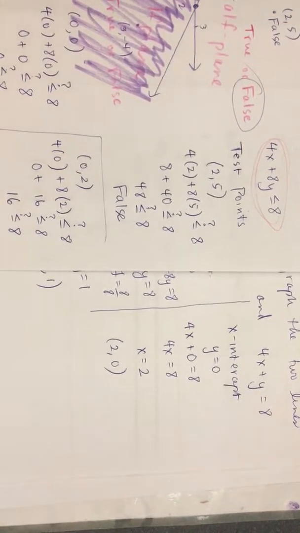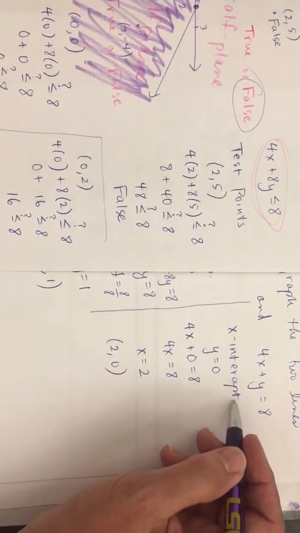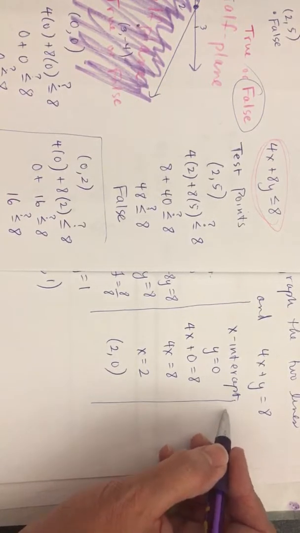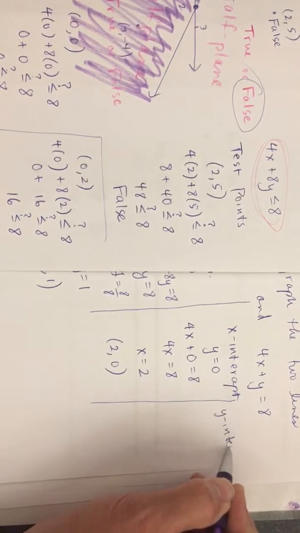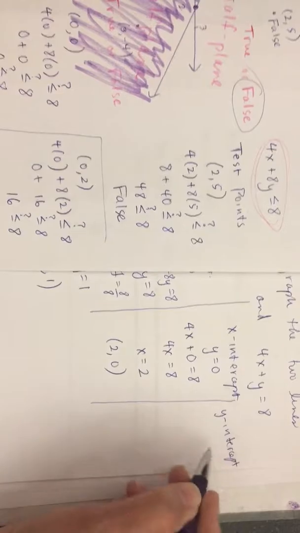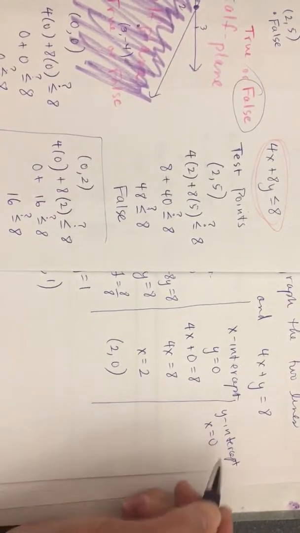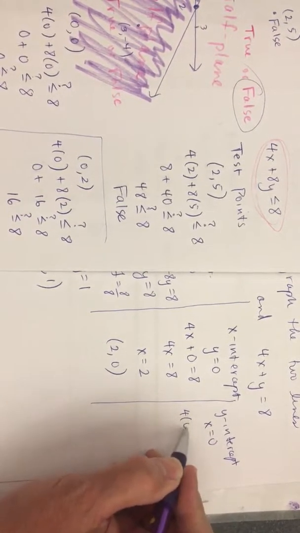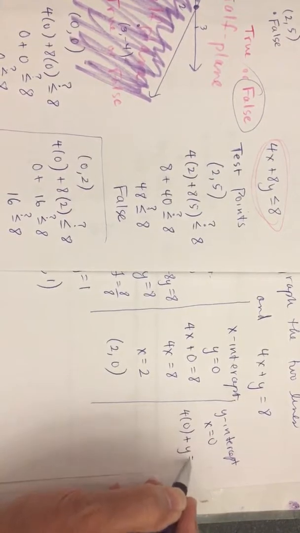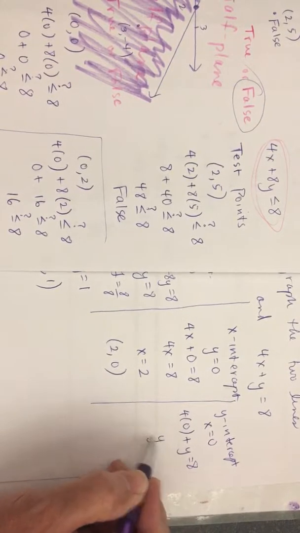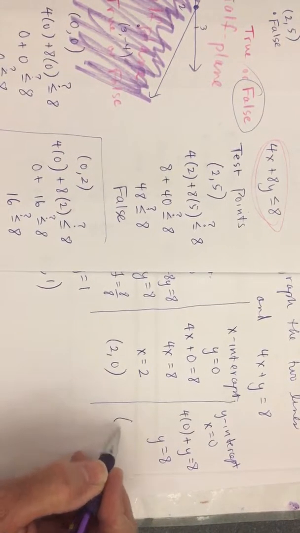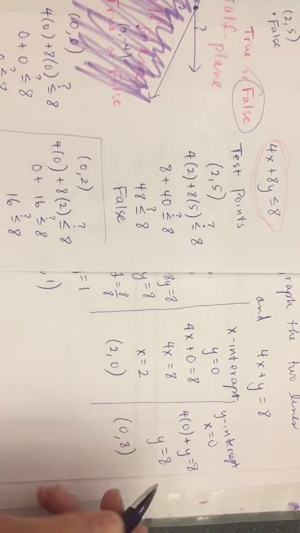It just happens to coincide with the other one. The y-intercept, x equals 0. So this would be 4 times 0 plus y equals 8. Well, y will be 8. So (0, 8).